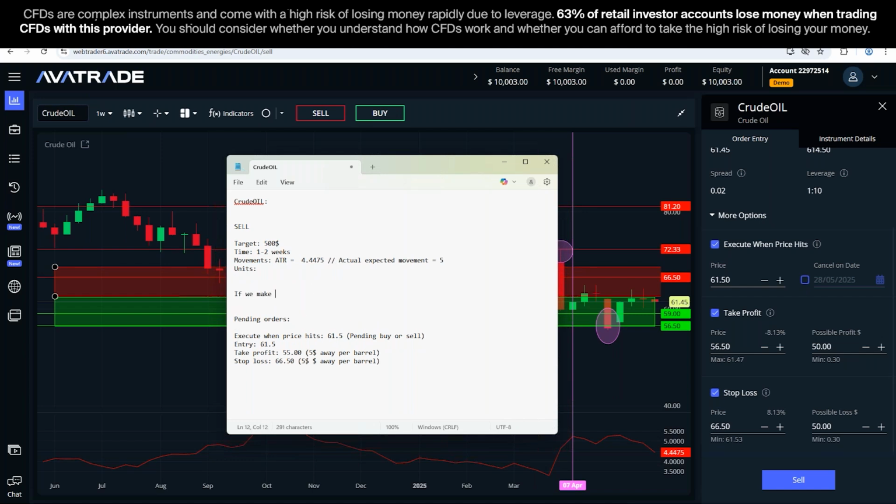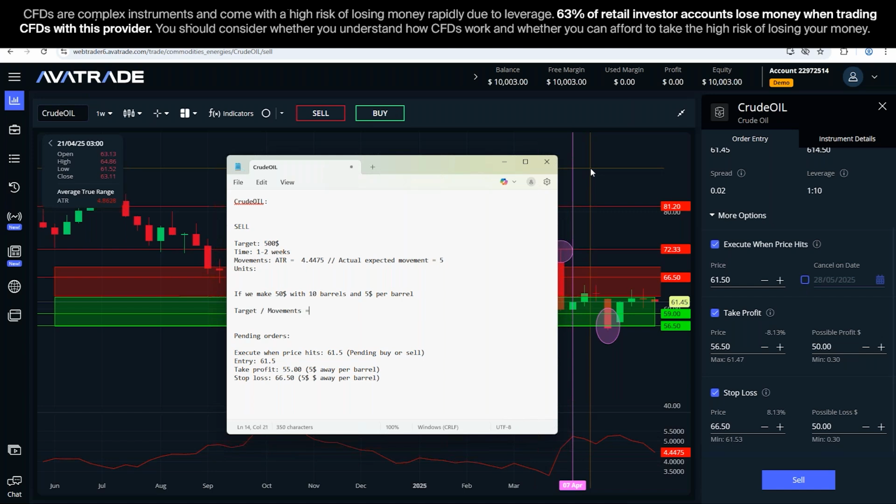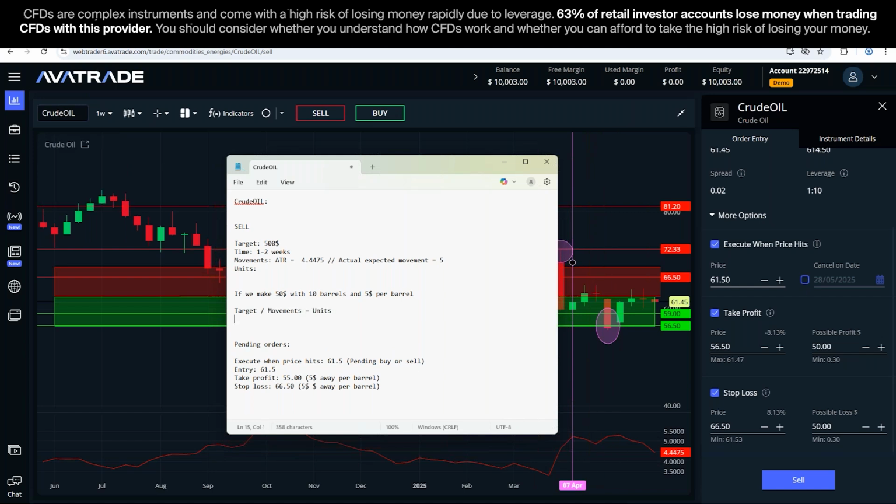If we make $50 with 10 barrels and $5 per barrel, we can understand that target divided by movement gives us the units. So we divide 500 by 5 to find how many units we need. Let's see who is good in math.